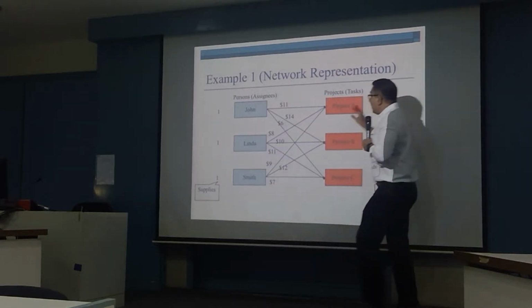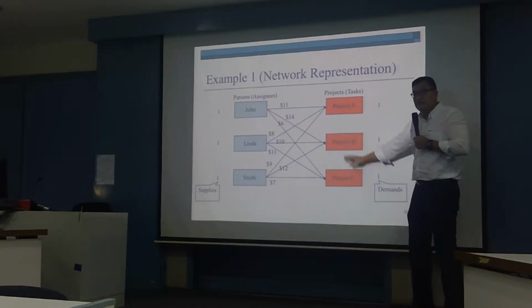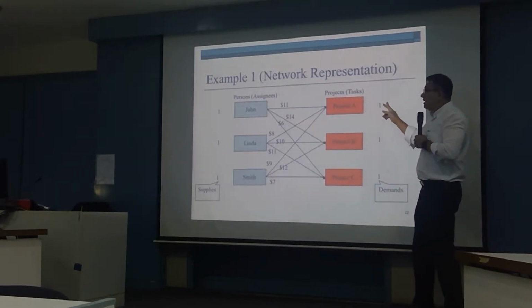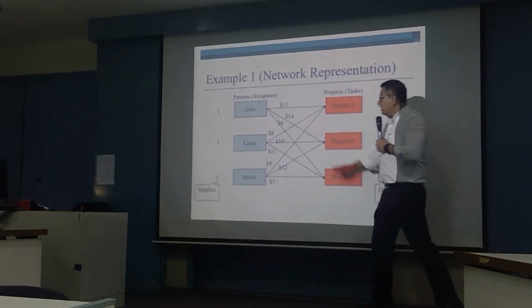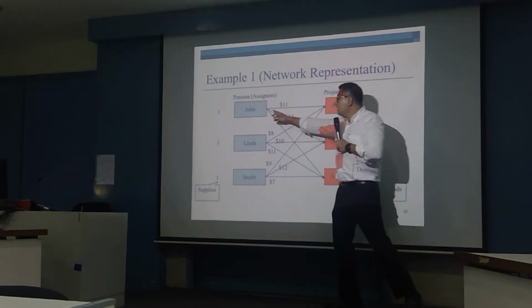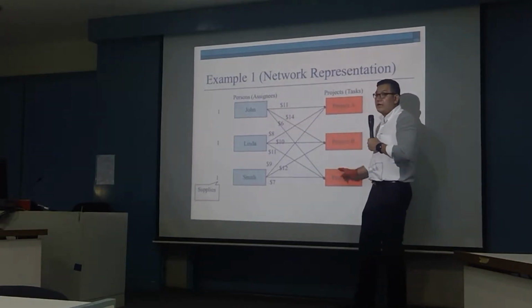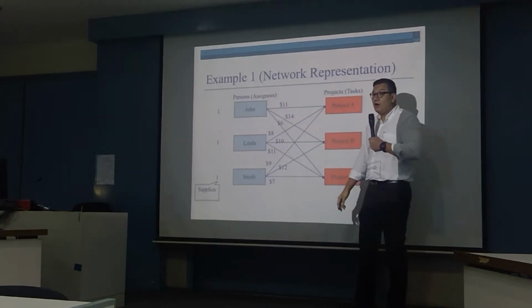On the other side, this is project A, B, and C, like the warehouses, with demand 1 as well, because we need just 1 person to do each. The arrow is like the possible option to assign each person to each project, and the number above the arrow is the cost of that option.